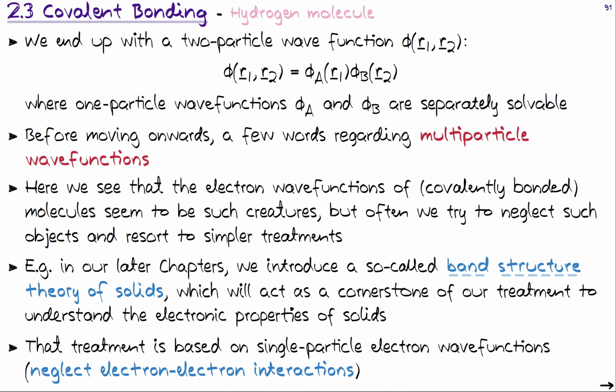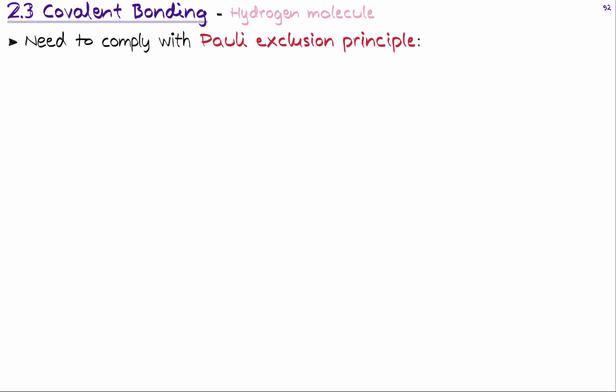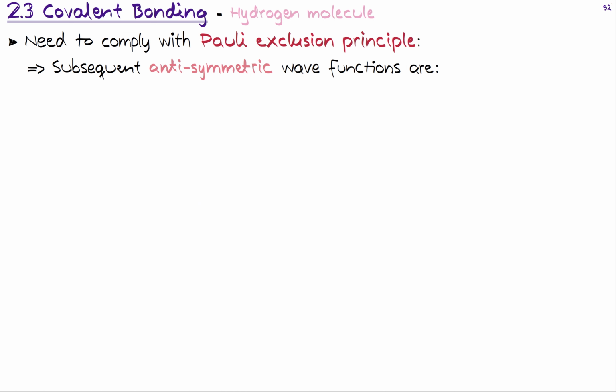Okay, let's continue. So what we need to do next is that we need to comply with our solutions with the Pauli exclusion principle, so that the spins must be taken into account. And this basically means that we will have antisymmetric wave functions that would describe the total wave function. So this means that there are two possibilities.